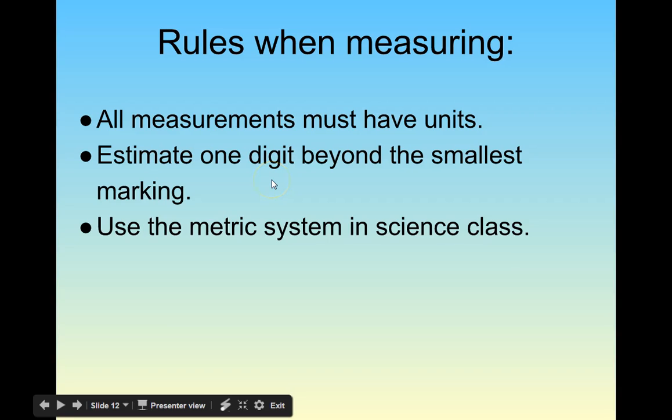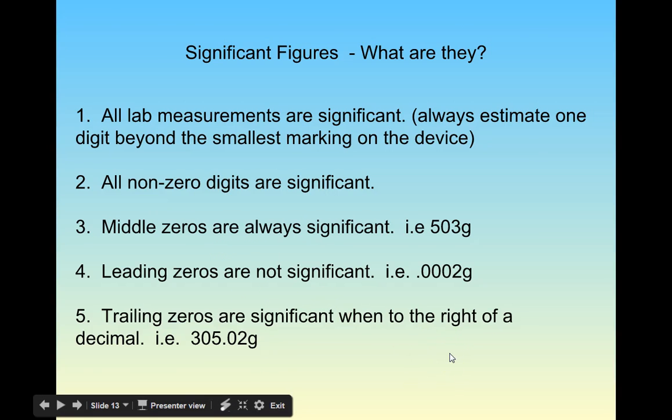So look at your device. If it's a manual tool and there's a marking scale on it, always estimate one digit beyond the smallest marking. And the last thing, always use the metric system in science class. Working with increments of 10 makes things much easier when we have to do converting and when we have to make measurements in science class.